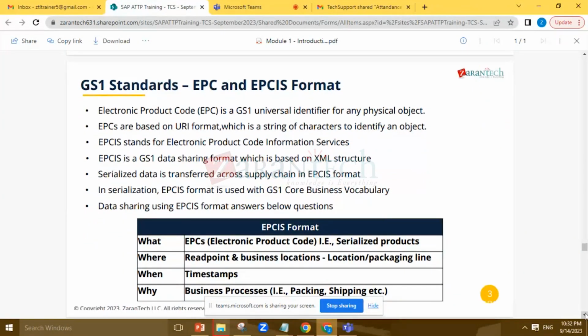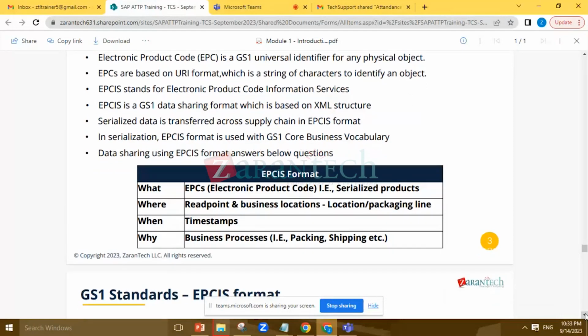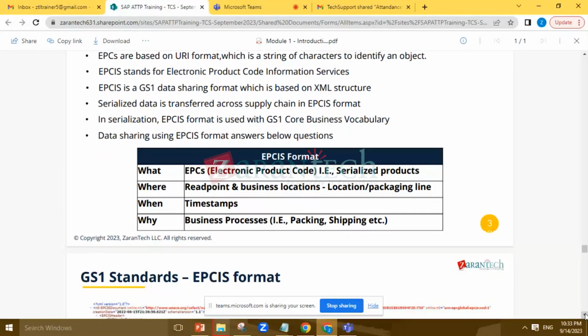Now, when we say EPCIS format, what does it talk about? It talks about basically four questions: what, where, when, and why. For example, I'm sharing the information of 100 serialized items in the supply chain.